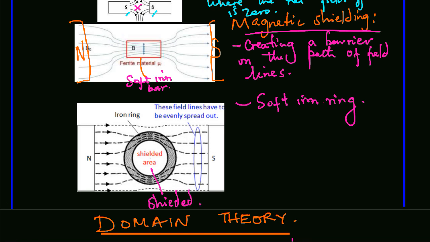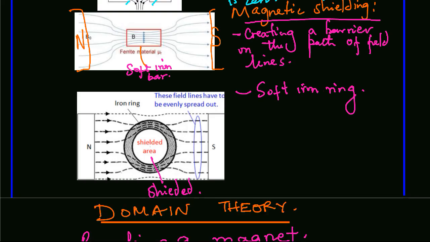So the field lines move within the iron ring, leaving the shielded area. It avoids the shielded area.